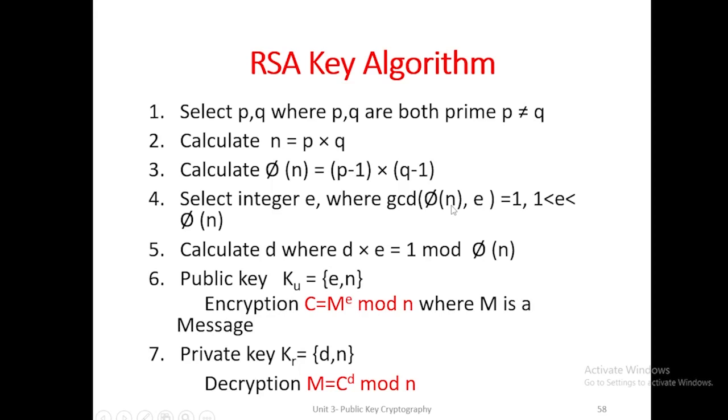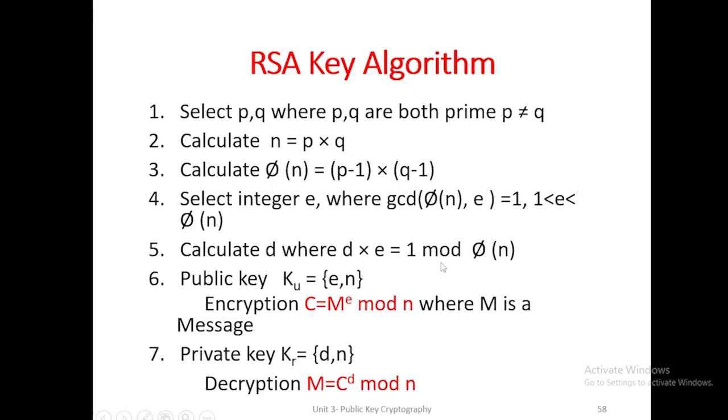So we may choose the e value from 2 to phi of n minus 1. Then after selecting public key e, we should calculate private key value d.